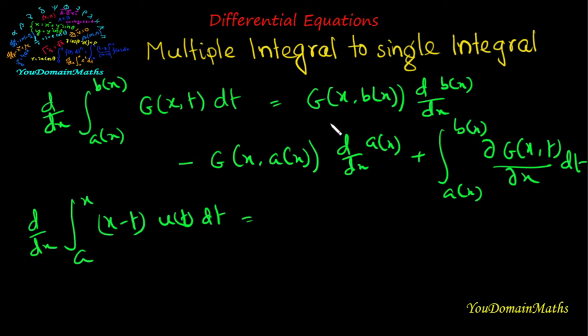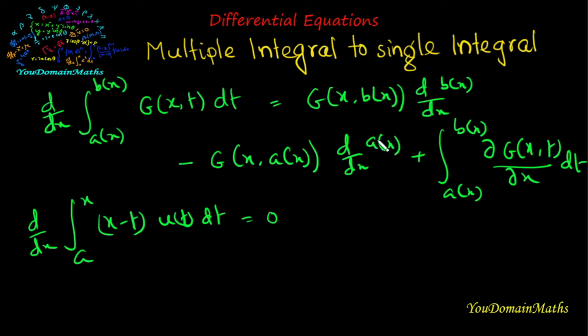Here g(x, b(x)) means g(x, x). Putting this value in, t is replaced by x, then the value of x minus t is 0, so the whole value is 0.